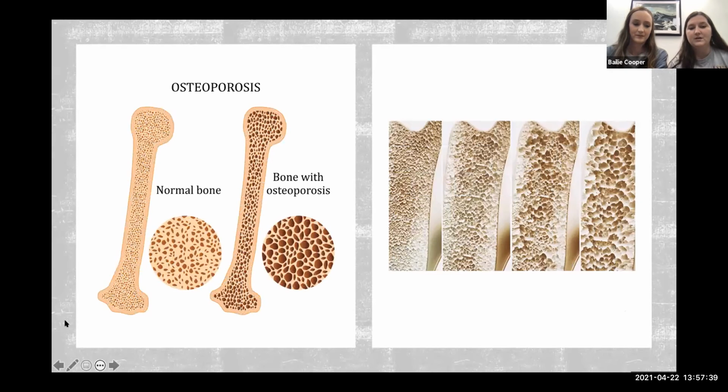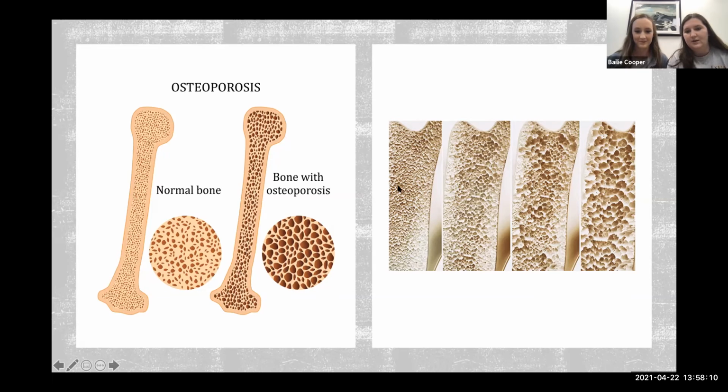All right, so we have a few pictures right here just to explain what osteoporosis is and what it looks like. So on this picture right here, it just shows that this is what a normal bone would look like before you were diagnosed with osteoporosis. And then this, as you get older with age, or not even with age, it can just turn into osteoporosis like this. So it just becomes like the opening of the spongy bone just absorbs, I guess, gets larger.